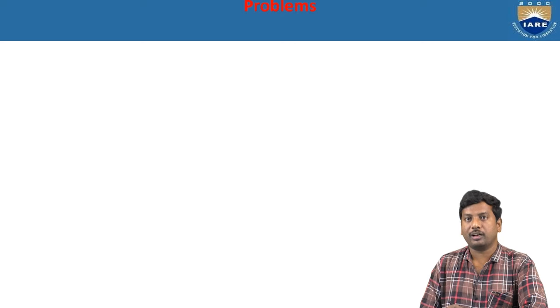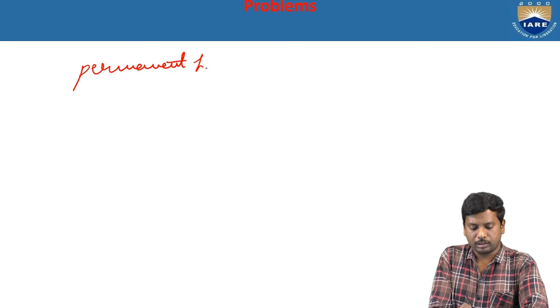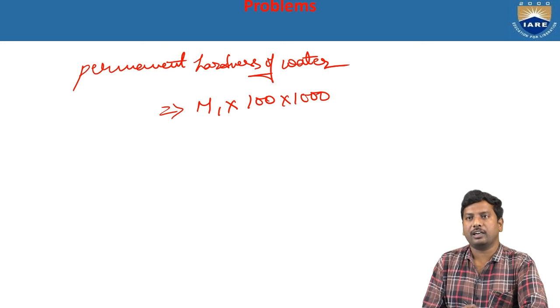Now from the value of M1 we can determine the permanent hardness. So permanent hardness of water should be equal to M1 into 100 into 1000. Why we use the 100 into 1000 in this formula was explained in the previous slide.